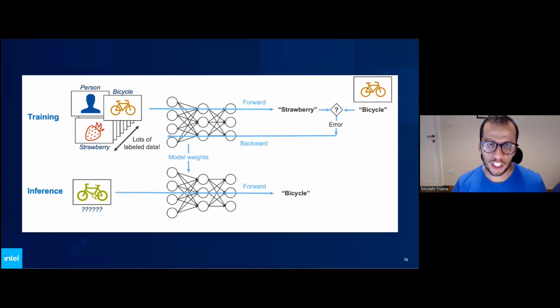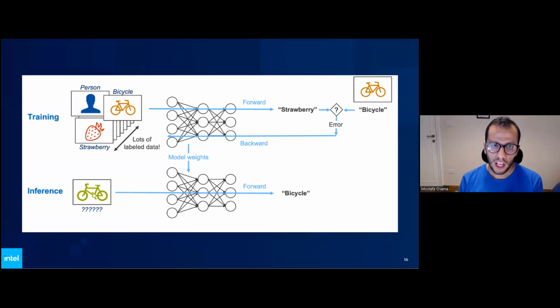And once we reach the required accuracy and the required performance, now we have deep learning inference. Inferencing is the process of using a trained deep learning model to make predictions against previously unseen data. In this example, a new bicycle picture on your phone.